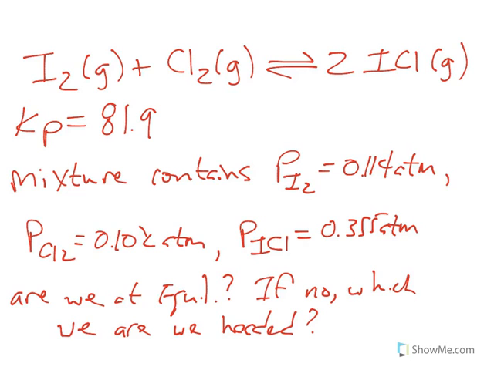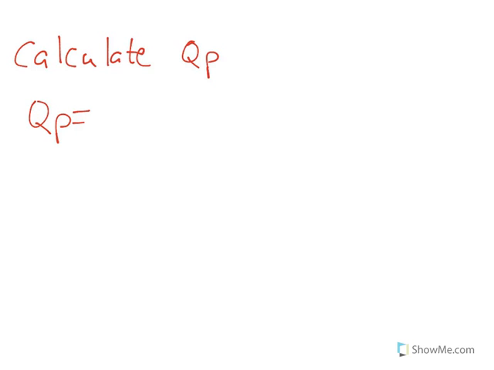All right. So, easy way to do this is you just calculate Q, and then you compare Q to K. So, calculate QP. So, QP, products over reactants.